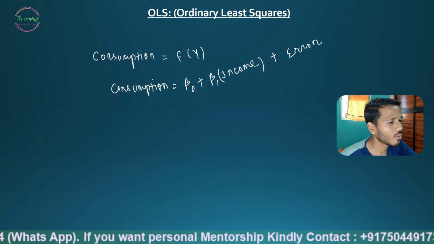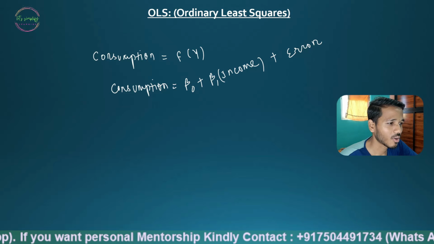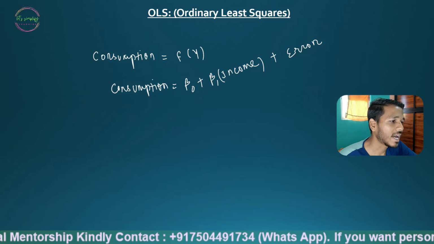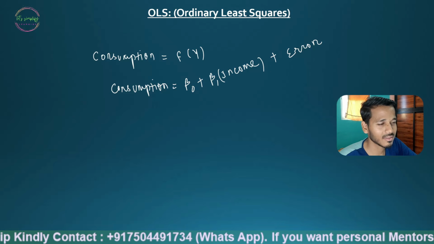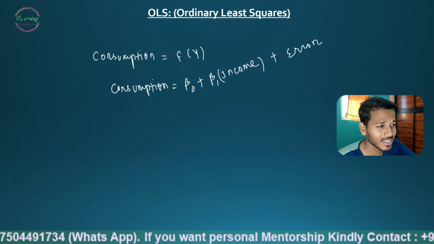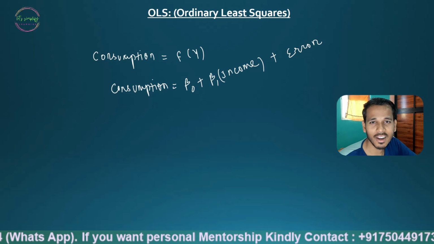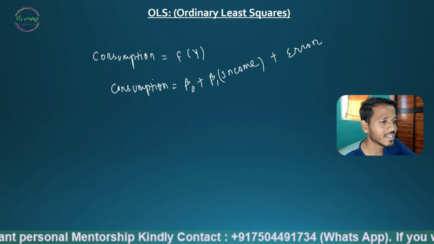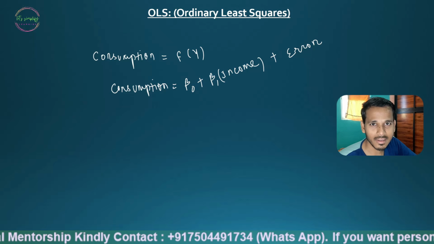This is where OLS comes in. OLS helps in finding the best possible line by minimizing errors. I am repeating once: OLS helps us find the best possible line by minimizing errors.